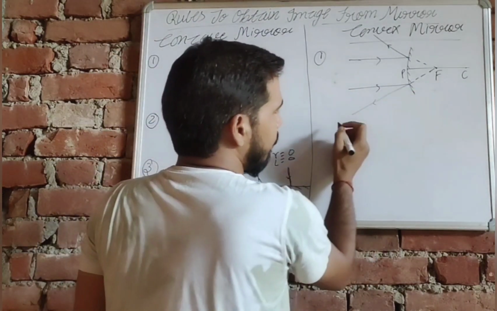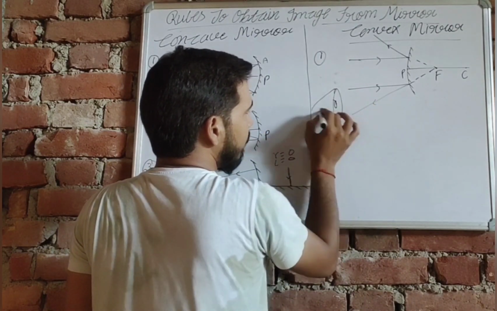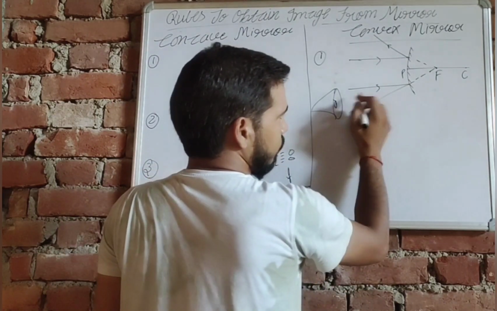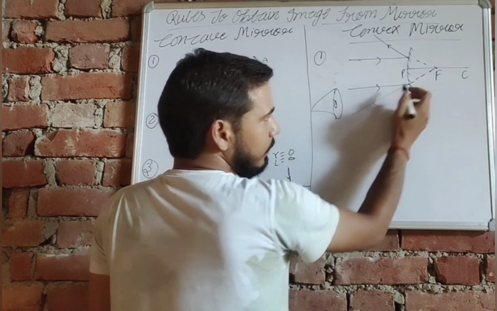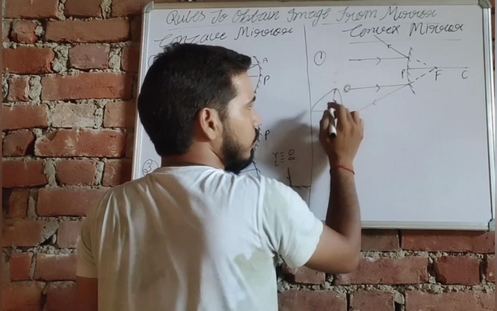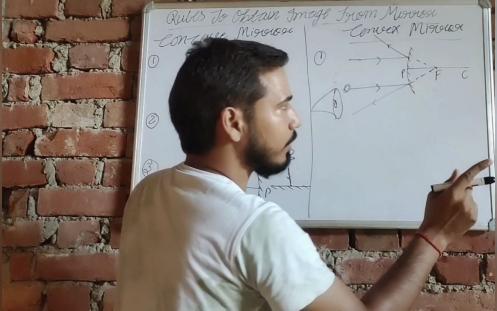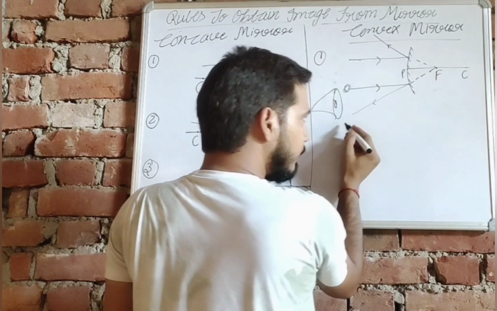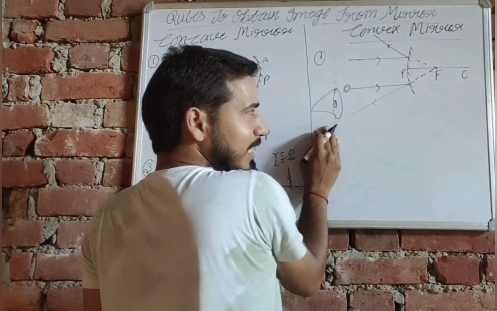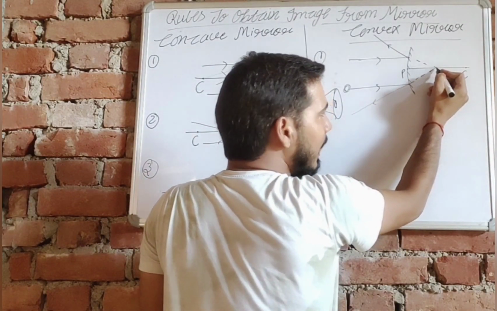If the observer is here, looking at these two rays, then actually the ray does not come out from this point, because the observer always sees the straight path of light. So the straight path of this light is this one. To the observer it seems that the source of light is here at F, not here.